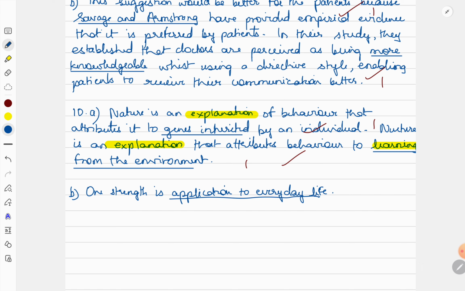And then I can elaborate. Here I would like to give an example to elaborate because that will make my point clearer.